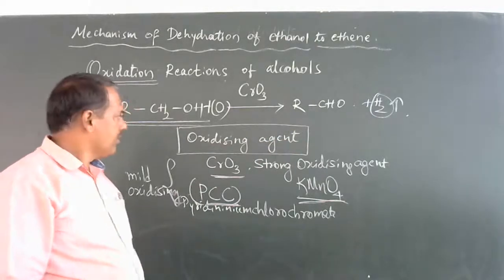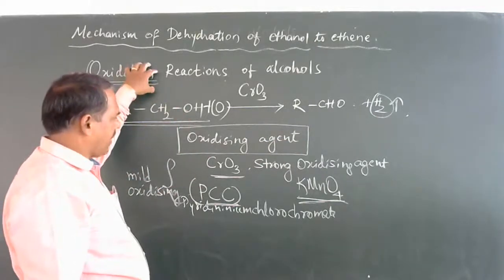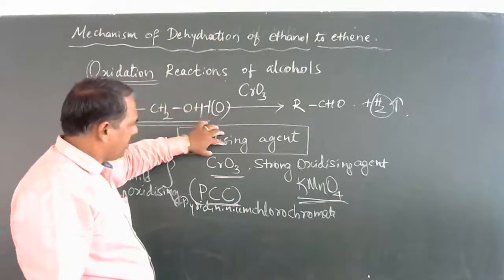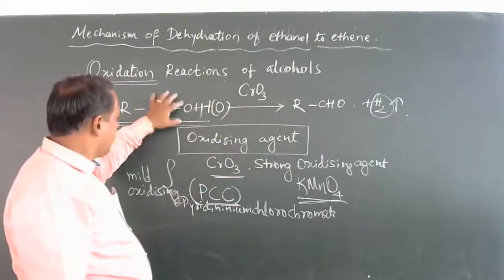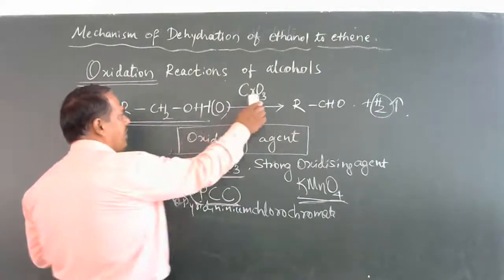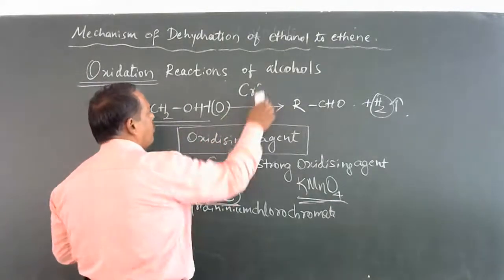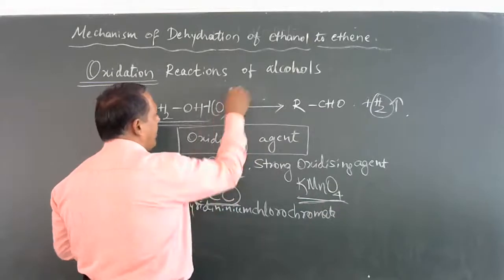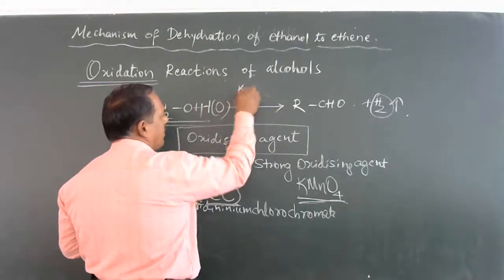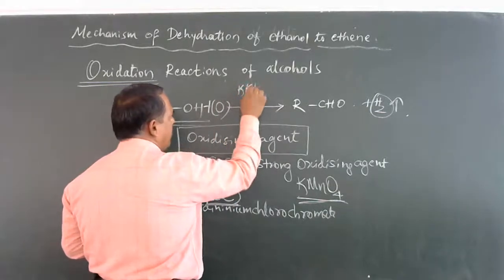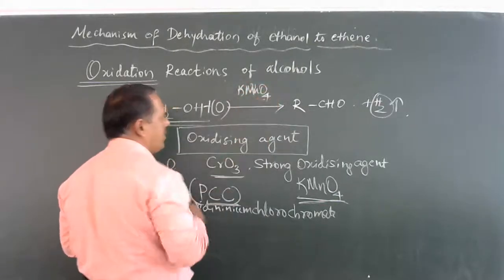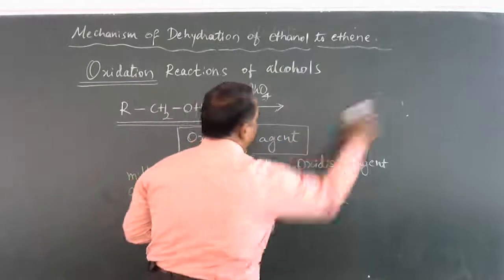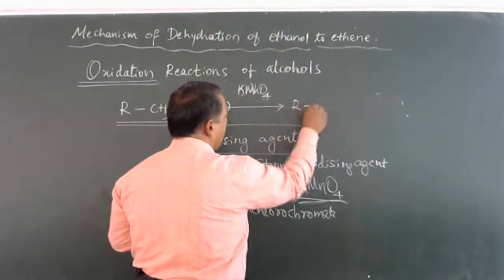Are you clear? In the oxidation reaction, you have to concentrate on the oxidizing agent. In the same reaction, instead of CrO3, you use a strong oxidizing agent like acidified potassium permanganate. Directly, what do you get?